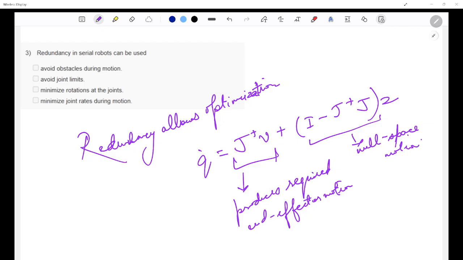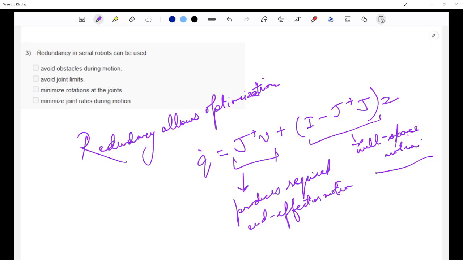Null space motion does not affect the end effector pose. This null space motion is what allows optimization tasks.